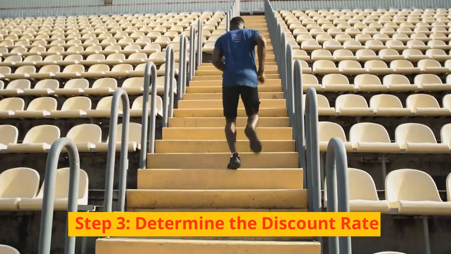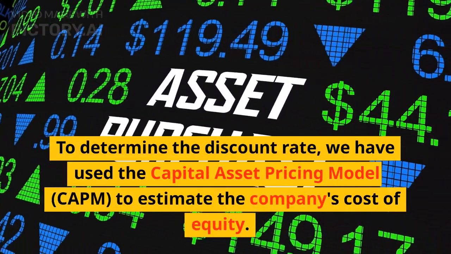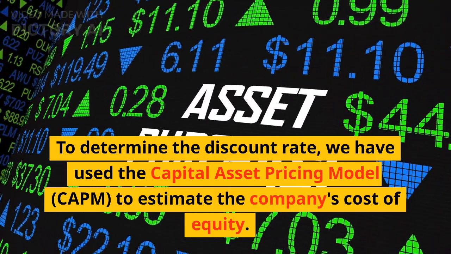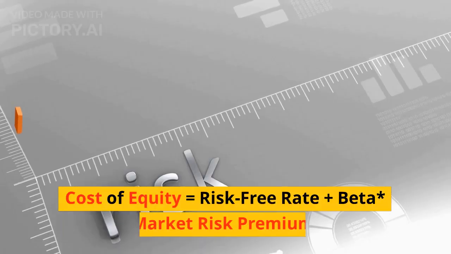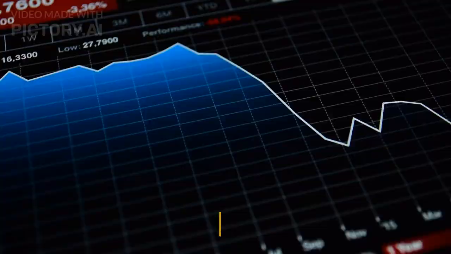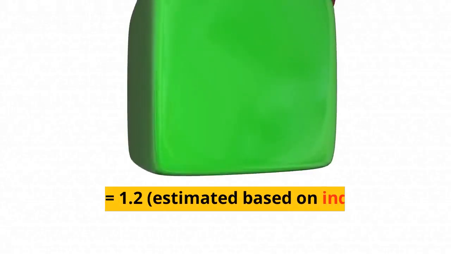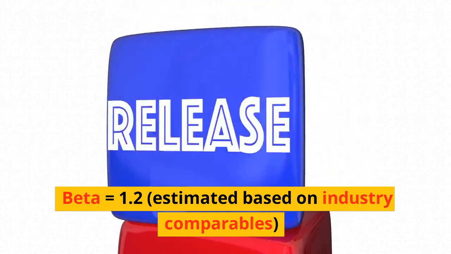Step 3. Determine the discount rate. To determine the discount rate, we have used the Capital Asset Pricing Model, CAPM, to estimate the company's cost of equity. The CAPM formula is cost of equity equals risk-free rate plus beta times market risk premium, where risk-free rate equals 2%, beta equals 1.2, estimated based on industry comparables.